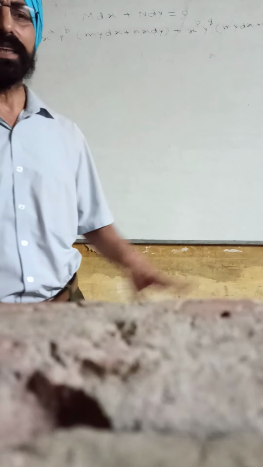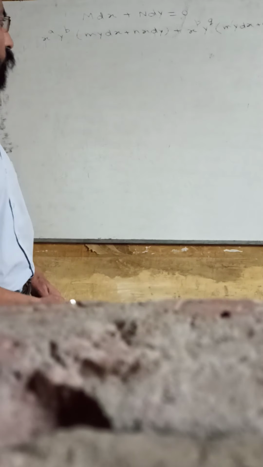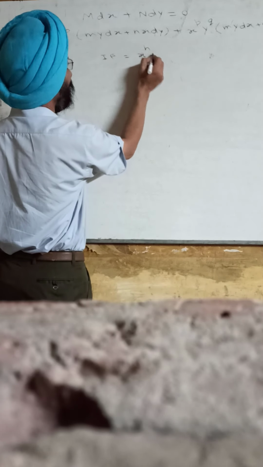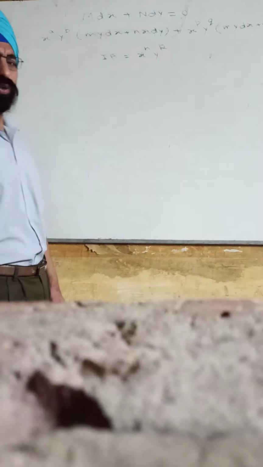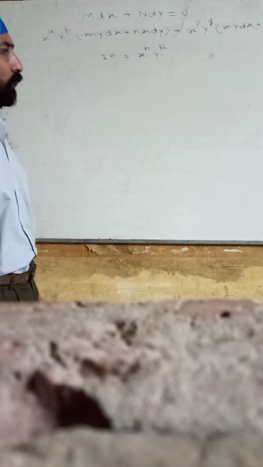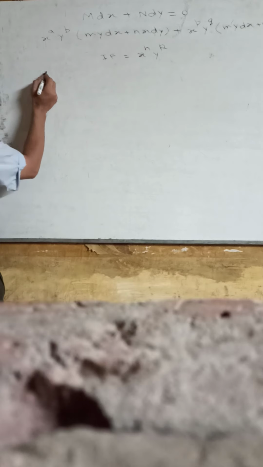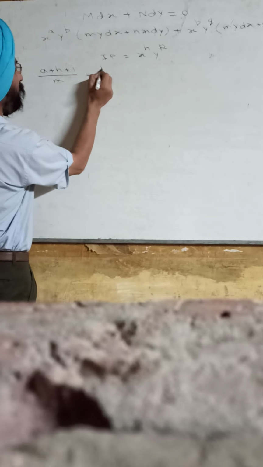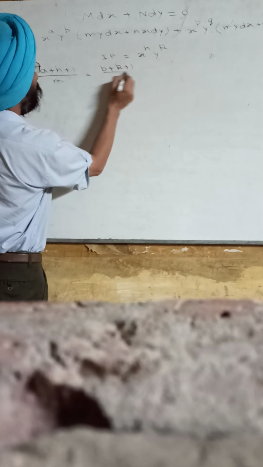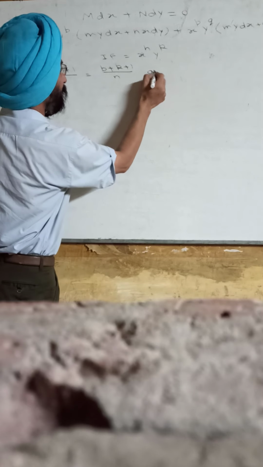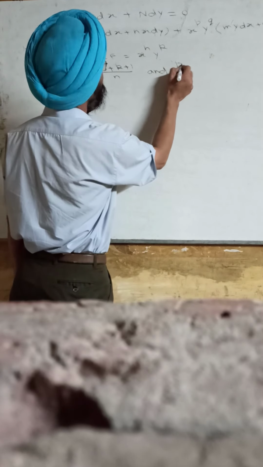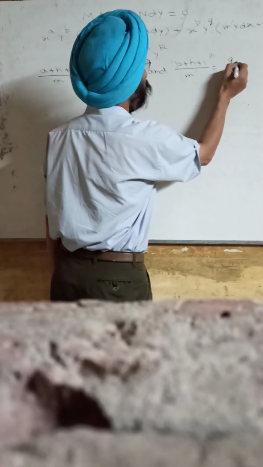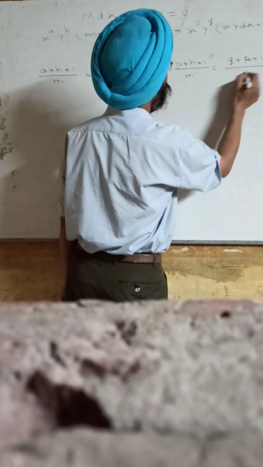If your equation is of this type, then the integrating factor will be x raised to the power h, y raised to the power k, where h and k will be obtained using two relations: (a plus h plus 1) over m equals (b plus k plus 1) over n, and (p plus h plus 1) over m' equals (q plus k plus 1) over n'.